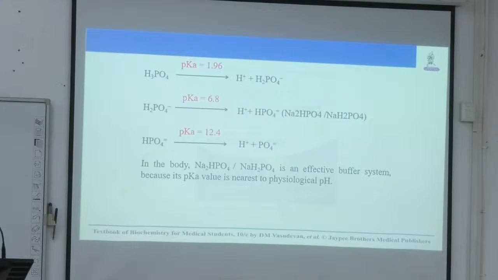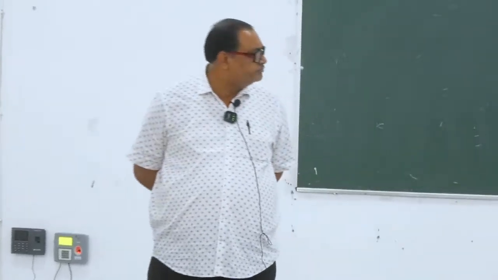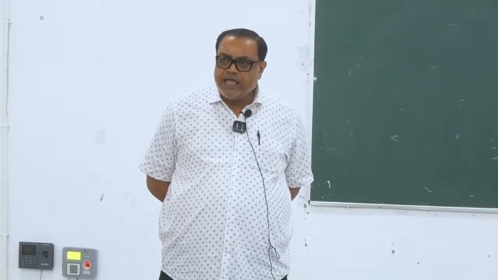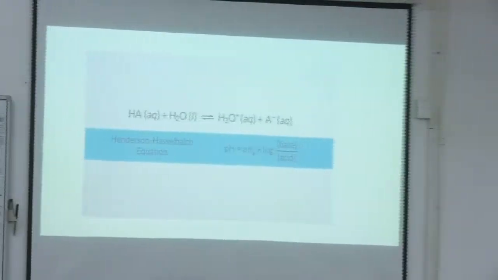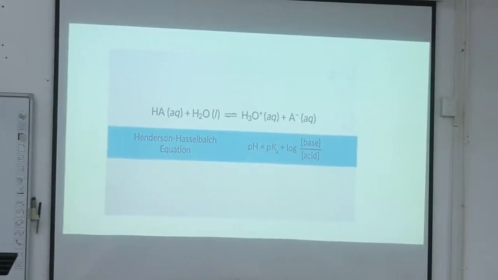So, all reactions come up to this level. That is why we have Na2HPO4 and NaH2PO4. In this case, the base will be Na2HPO4 and acid will be NaH2PO4. The third hydrogen is not possible to dissociate.